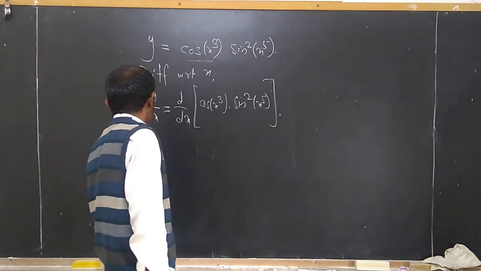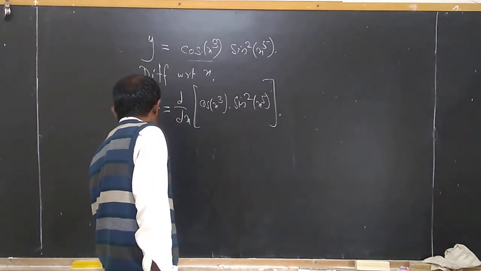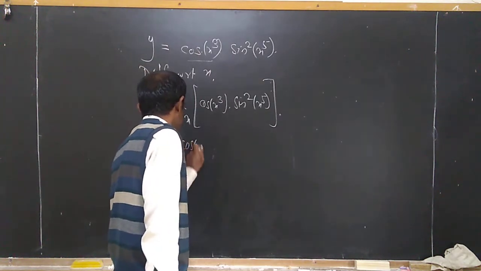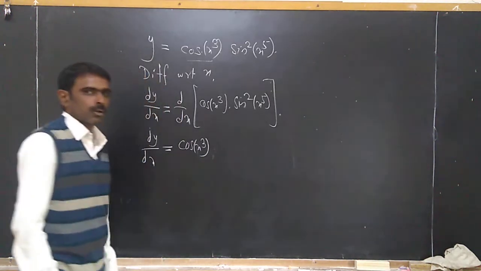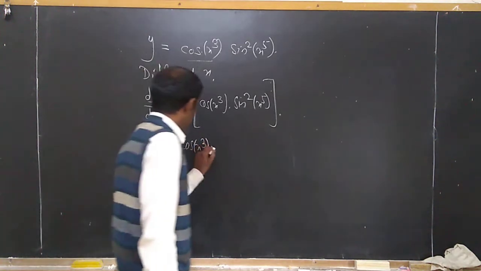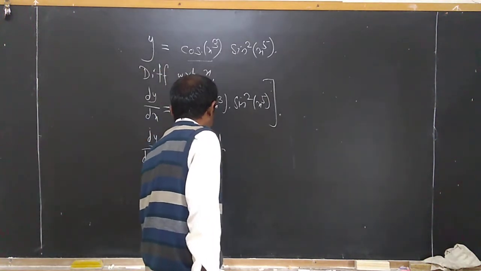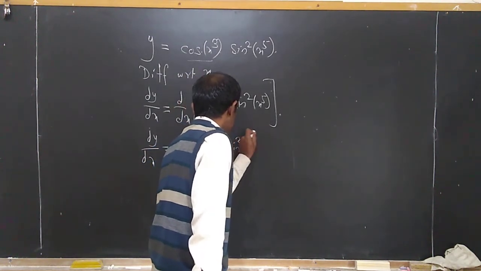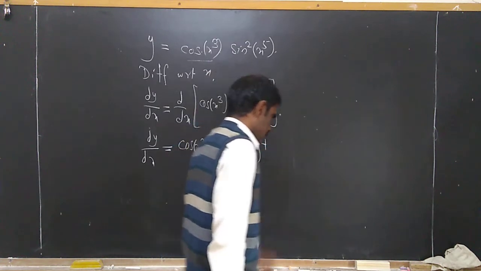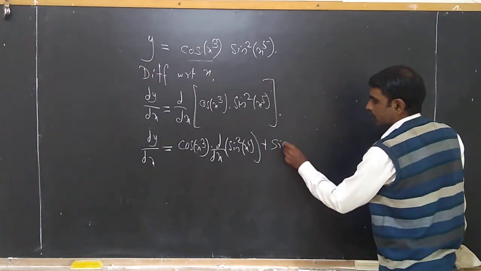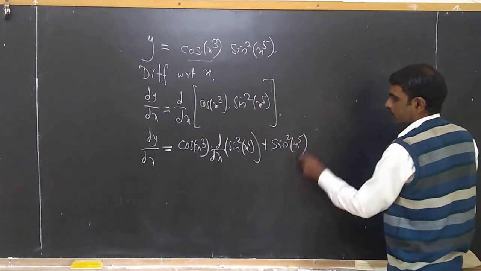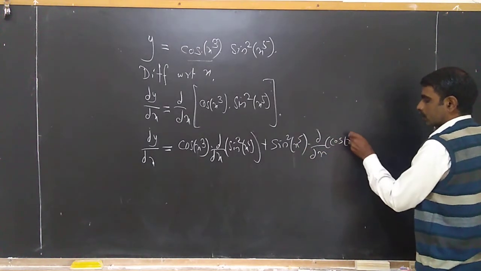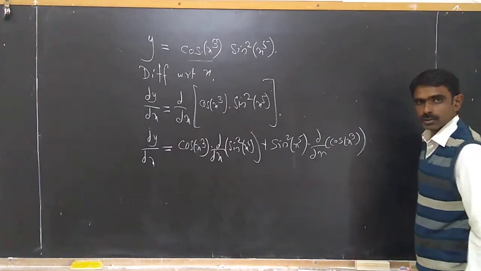So dy by dx will be equal to the first function, keep it as it is, that is cos of x cube, into the derivative of sine square of x raised to 5, plus the second function, keep it as it is, that is sine square of x raised to 5, into the derivative of the first function, that is cos of x cube.